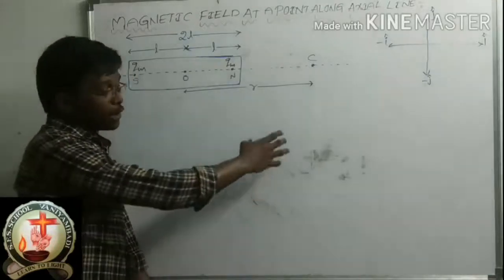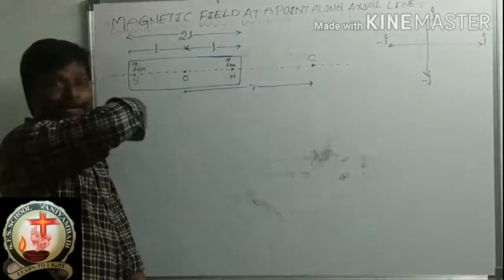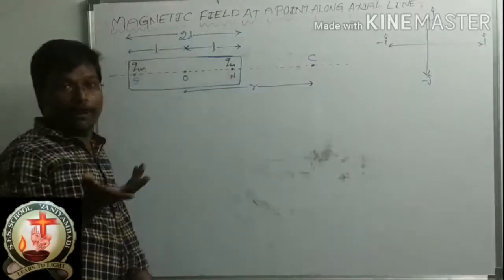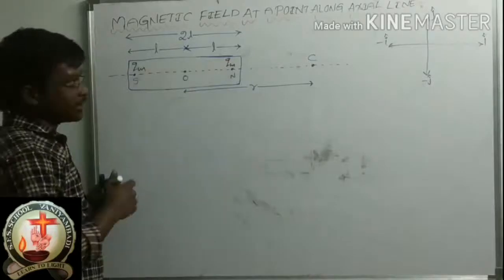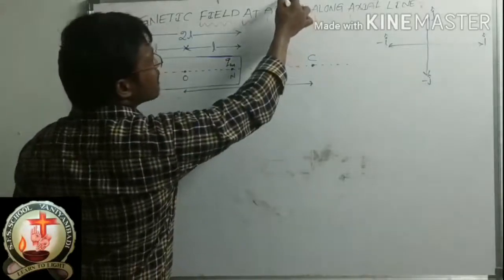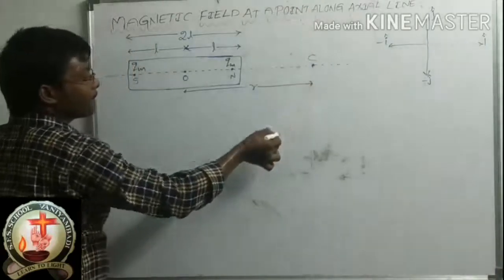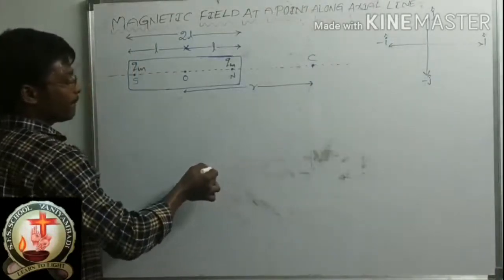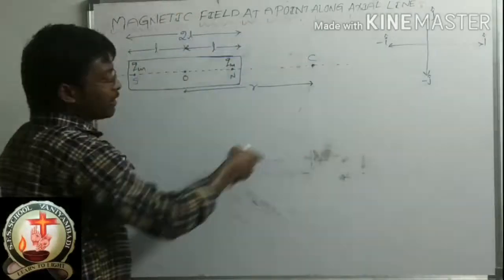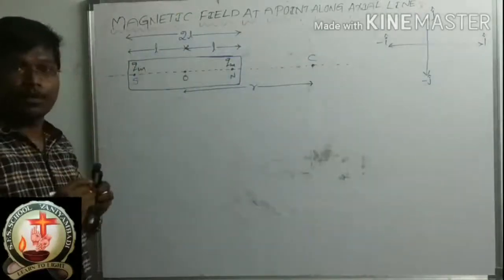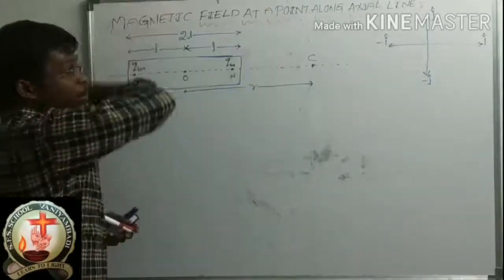Whenever we take a magnet, some amount of magnetic field will be created around that region, correct? So this magnet also creates some amount of magnetic field.